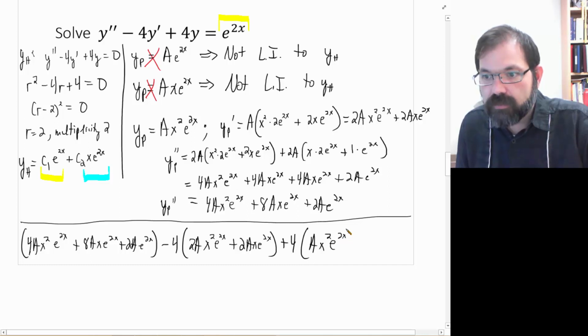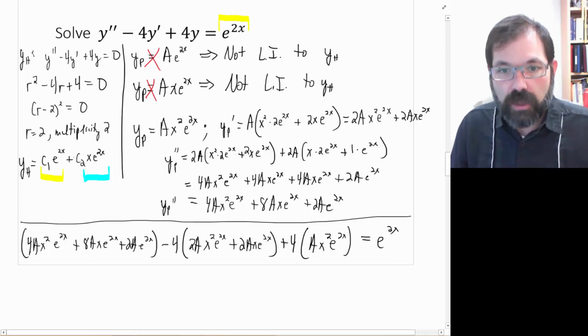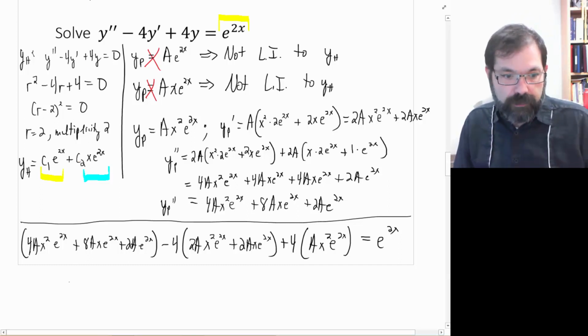That was my assumption. And I need this to equal e to the 2x. Oof, this is a mess. All right, let's see if we can clean this up any.